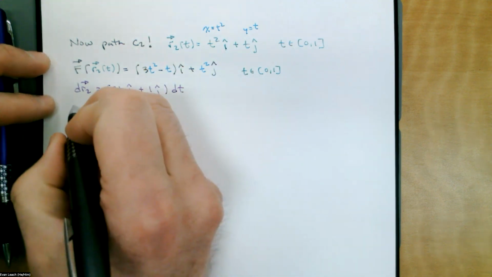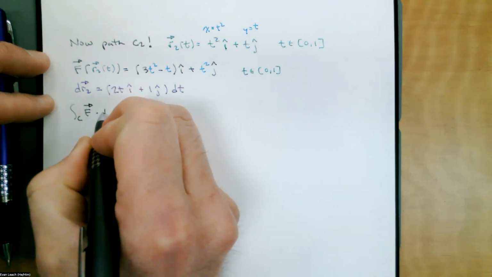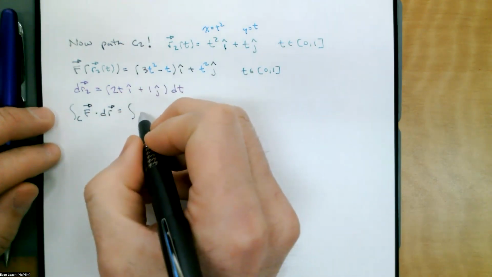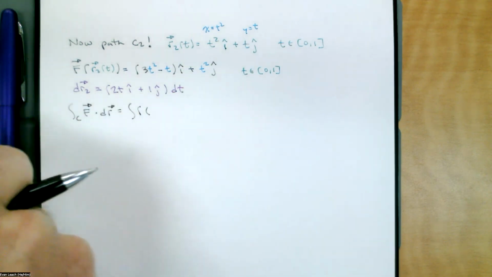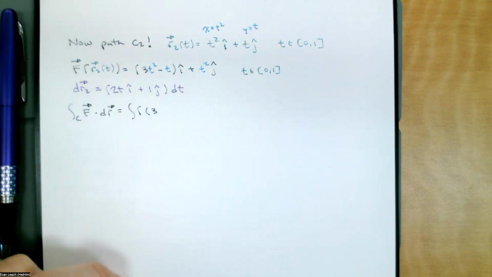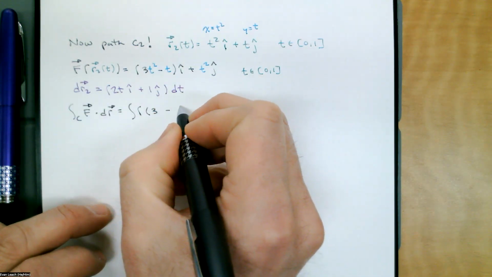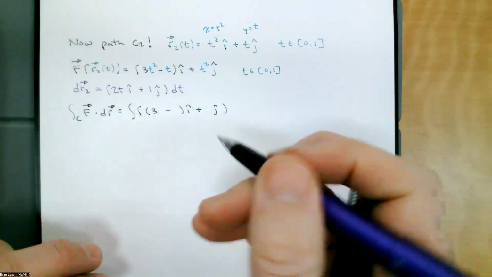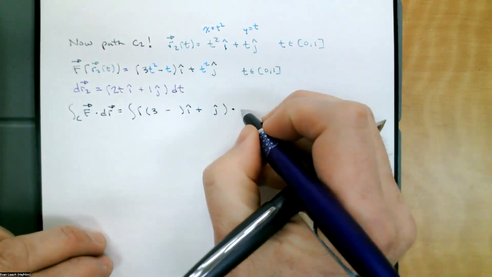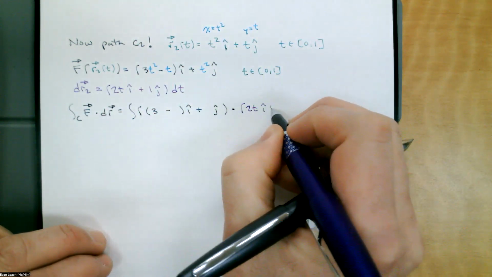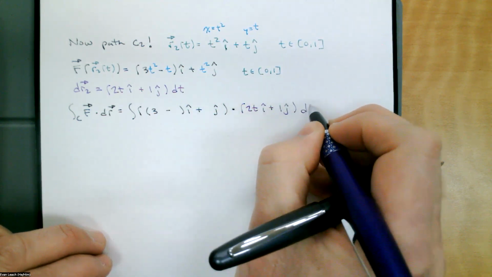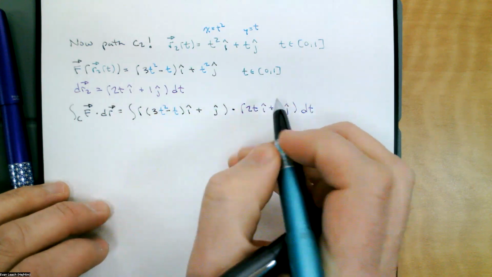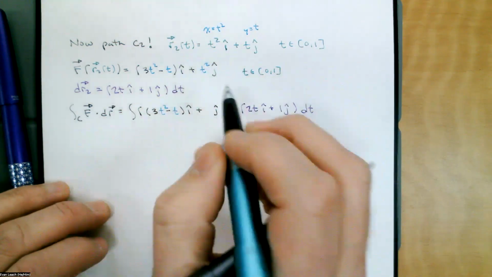So my line integral: I'll have my vector field evaluated at all the points on the curve, dot the dr. I just took the derivative of each of the components of our r(t).